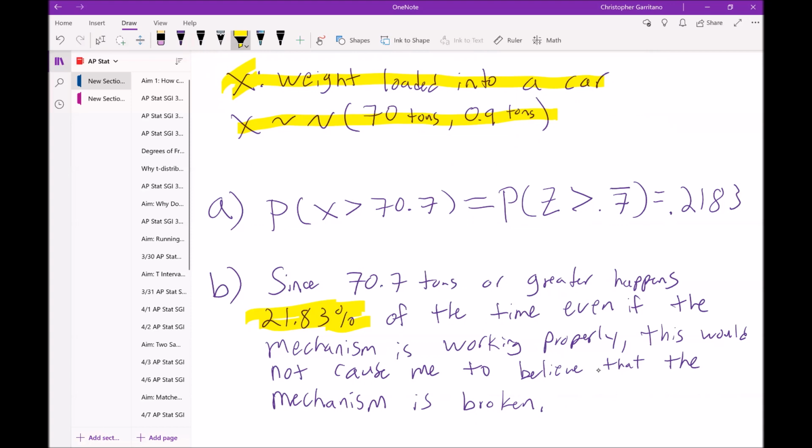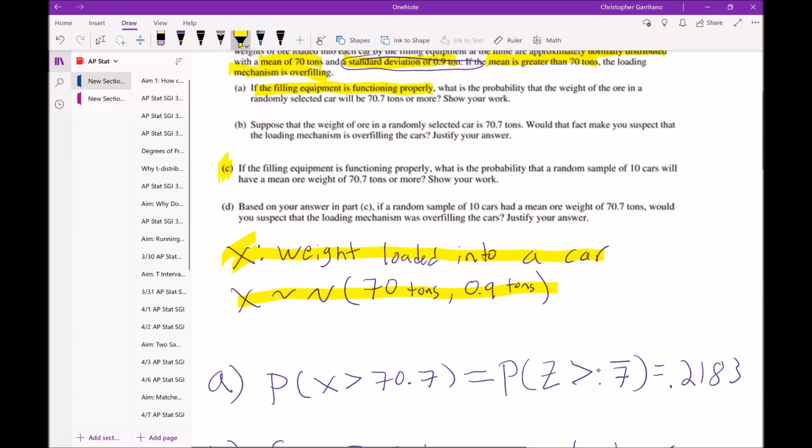H null is that the mechanism is working properly, right? We're running with the assumption that the mechanism is indeed working properly, right? And so if that's the case, well, then this event would occur 21.83% of the time. So 1 out of every 5 times you'll have a car filled with 70.7 tons or more. Not that crazy.